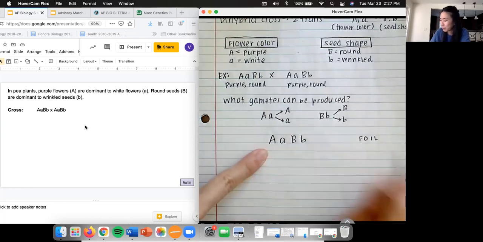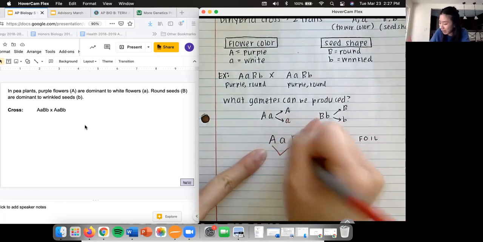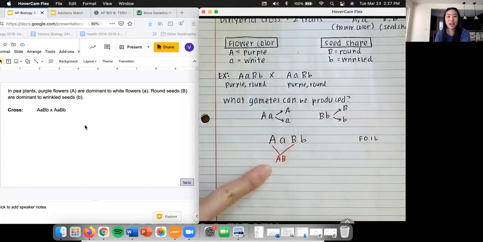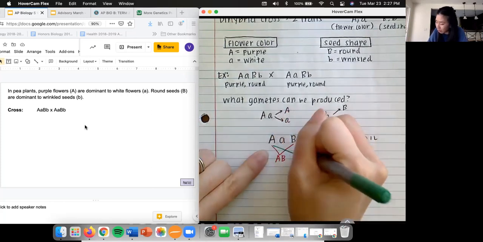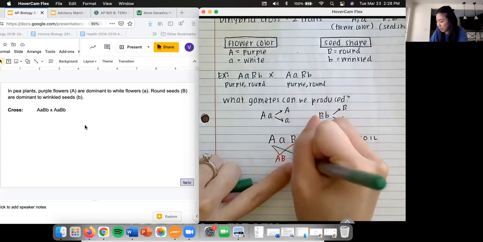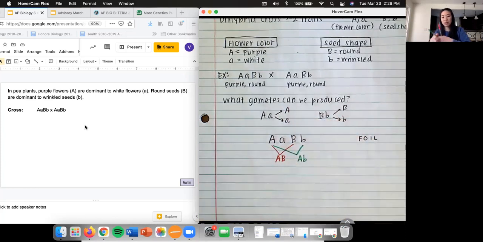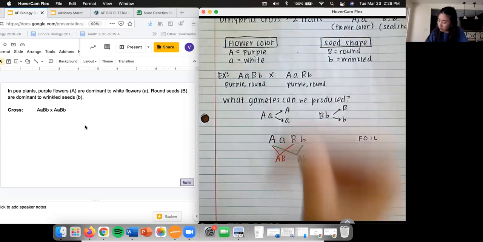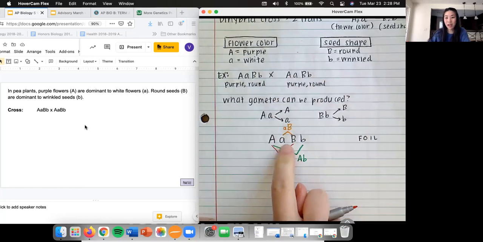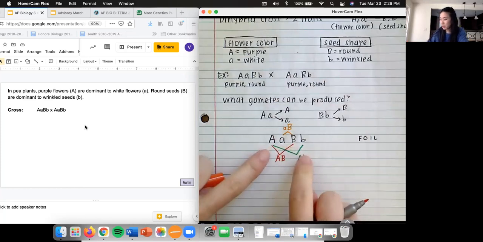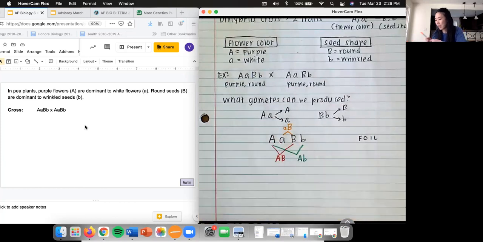So first combination, big A, capital B, that's one gamete that can be made. Second option, could be capital A, lowercase b. That's another gamete that can be made. Another option, lowercase a, capital B. So we did first, outside, inside, and now last.